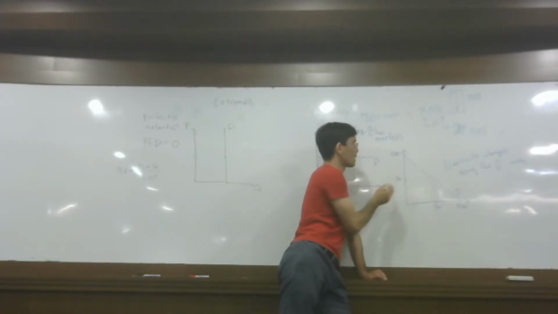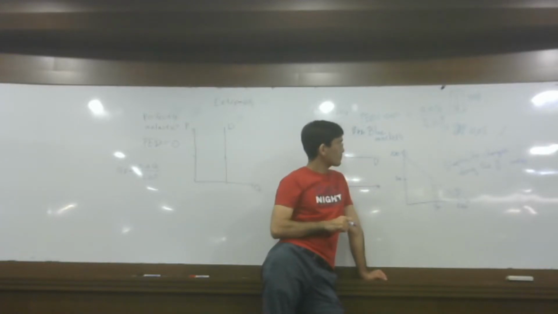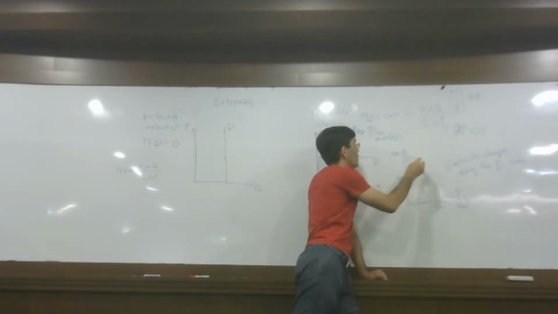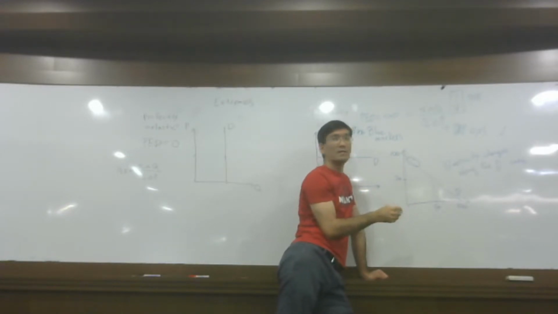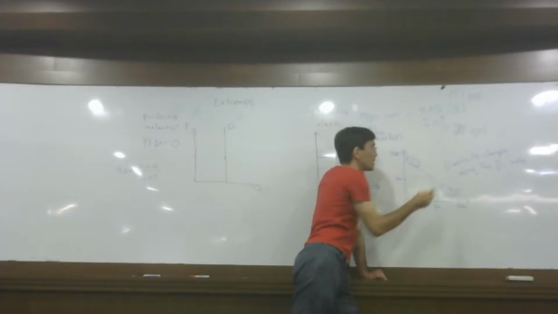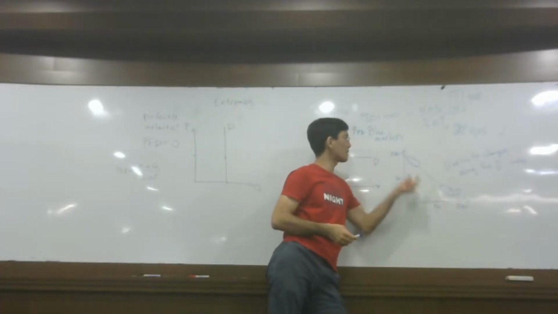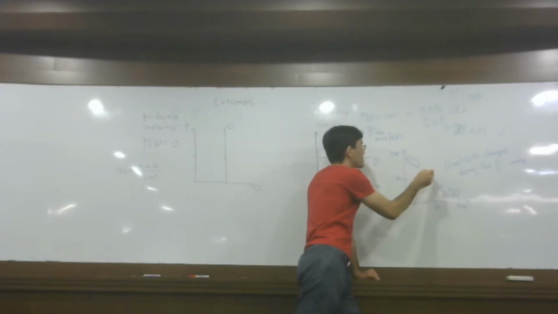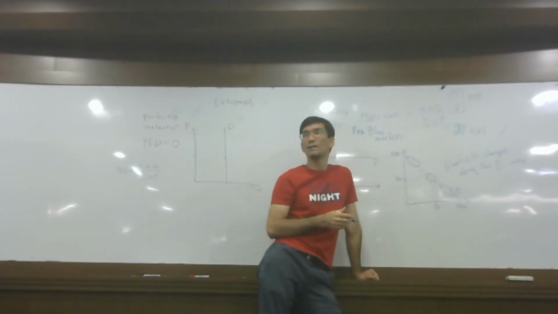What I'm going to show you is that elasticity of demand somewhere around here is quite different from elasticity of demand somewhere around here. So we're going to take examples here and here. And we'll figure out something about the middle section as well.